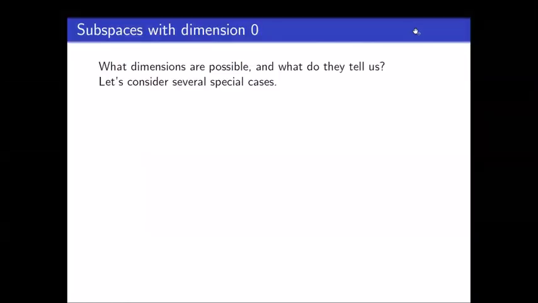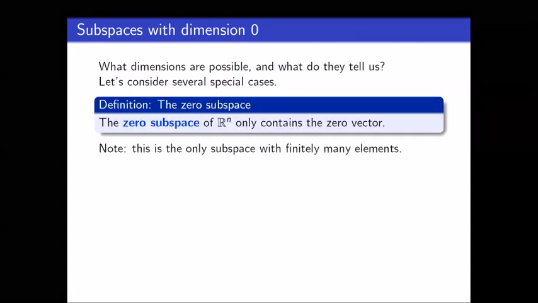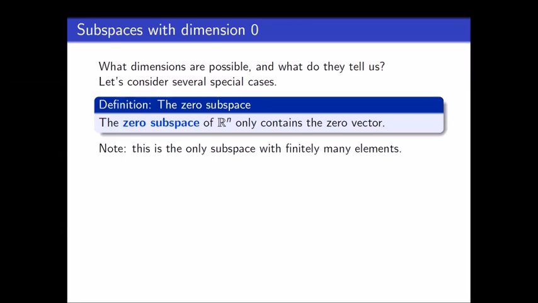So one is going to ask, what dimensions are possible and what do they really tell us? Let's look at some special cases. The first is the zero subspace. The zero subspace of Rn is the subspace that only contains the zero vector, and we've actually seen this in some of our problems at this point.